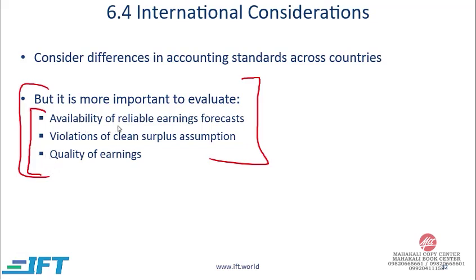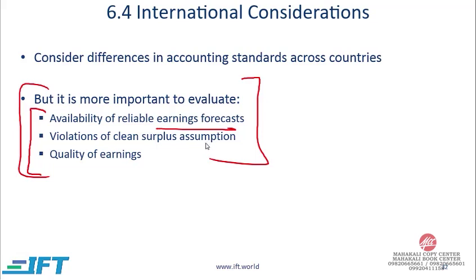The first is the availability of reliable earnings forecasts. Clearly, your residual income estimates depend on how good your estimates of earnings are. So if you are in an environment where it is very hard to predict earnings, then it will be hard to use the residual income model. Second, violations of the clean surplus assumption.